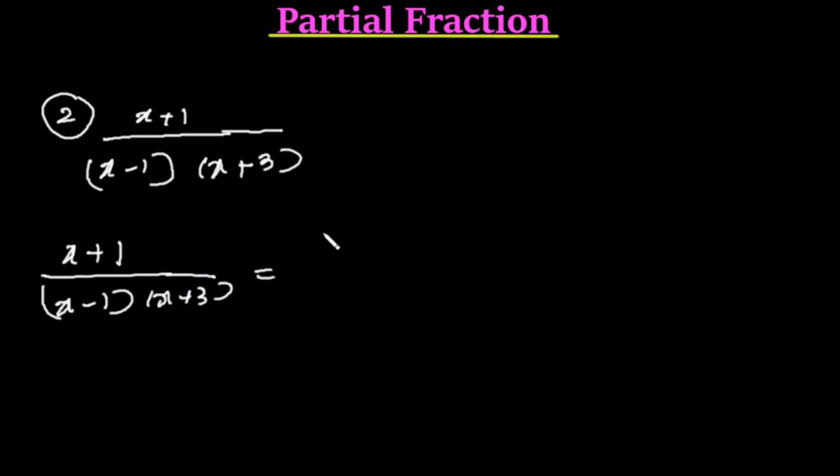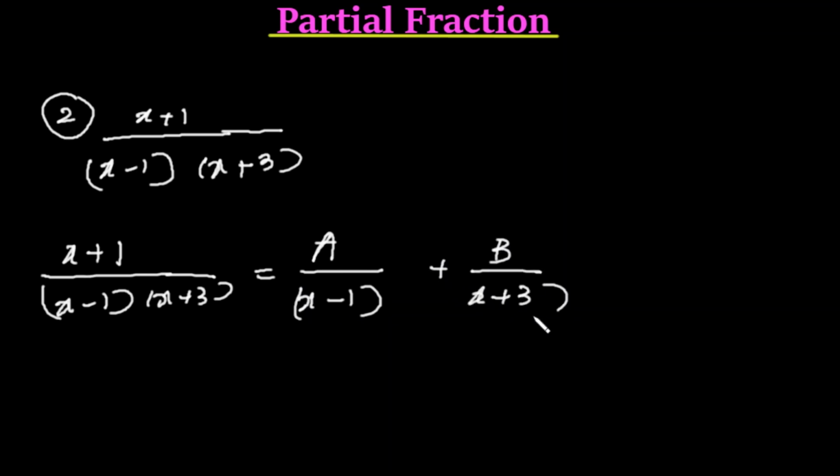Like you can use a constant here: a over x minus 1 plus b over x plus 3. You can see I use a constant here, because the denominator has more power than the numerator, so we use a constant here.